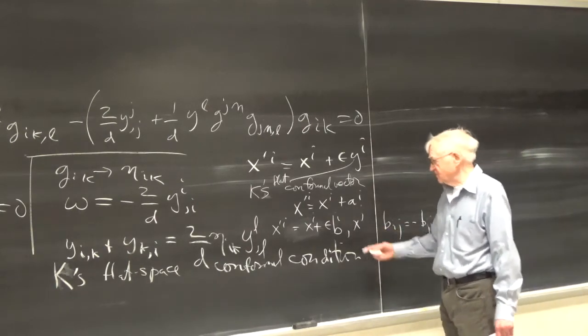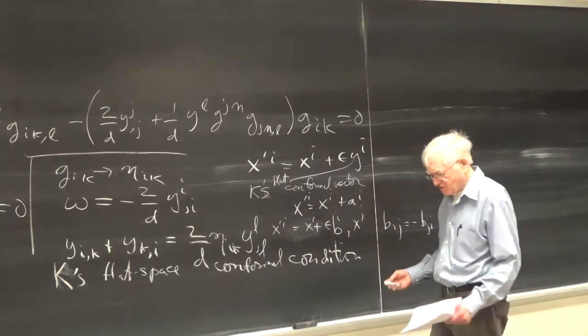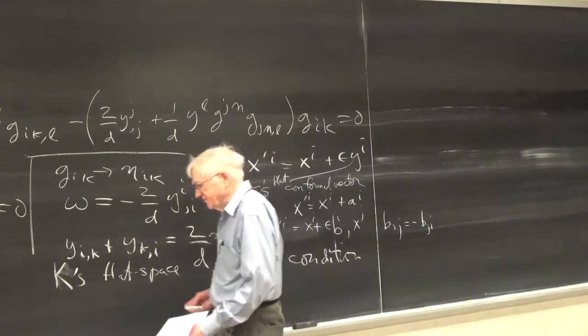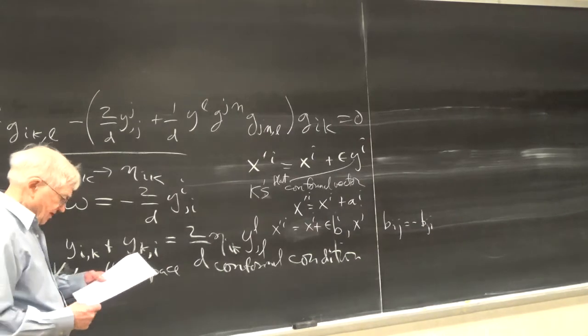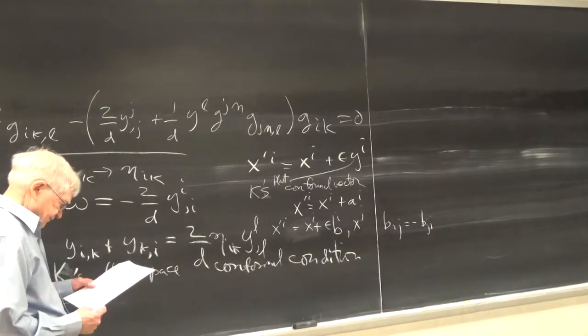This is a Lorentz transformation. And of course, Lorentz transformations, as we know, leave the metric invariant. So they're actually isometries of this.